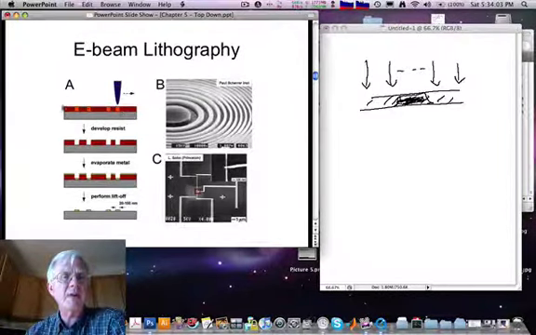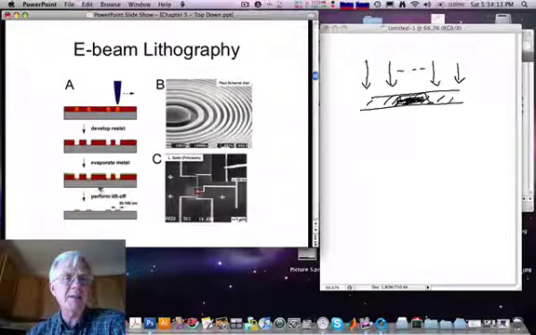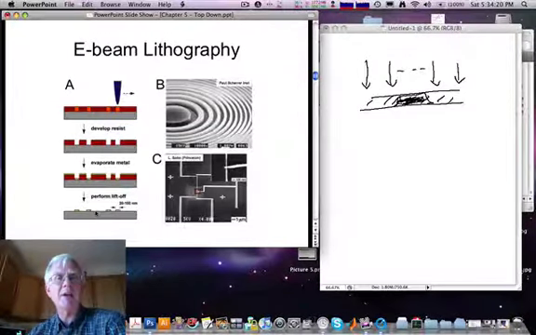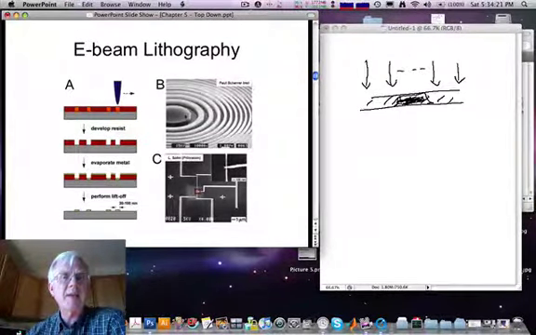This panel shows a process in some detail for, in this case, under A, deposition of metal. And so you see here first the exposure of the resist to the electron beam. This is a positive resist, so that when the resist is developed, holes are left behind. In this case, metal is evaporated onto the surface, and then the polymer support dissolved away to leave the metallization on the surface. Here's an example of a structure built by a process just like that.